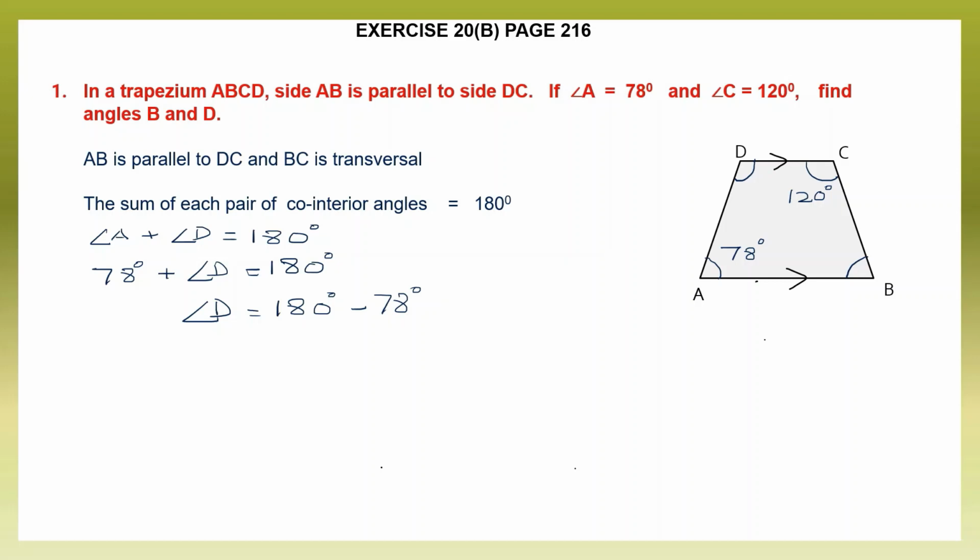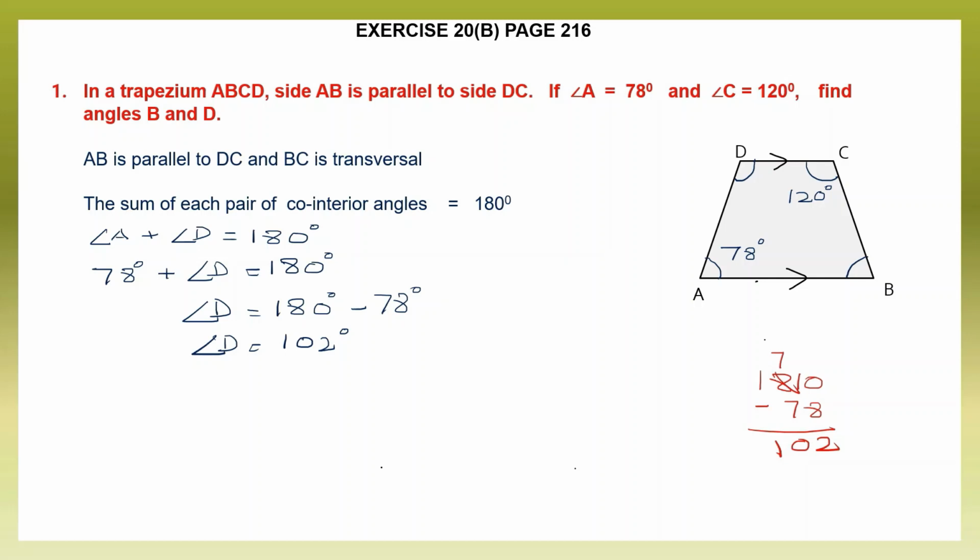Now let's subtract 180 and 78. 180 minus 78. So this is 7, 10, 10 minus 8 is 2, then 0 and 1. So angle D is equal to 102 degrees.